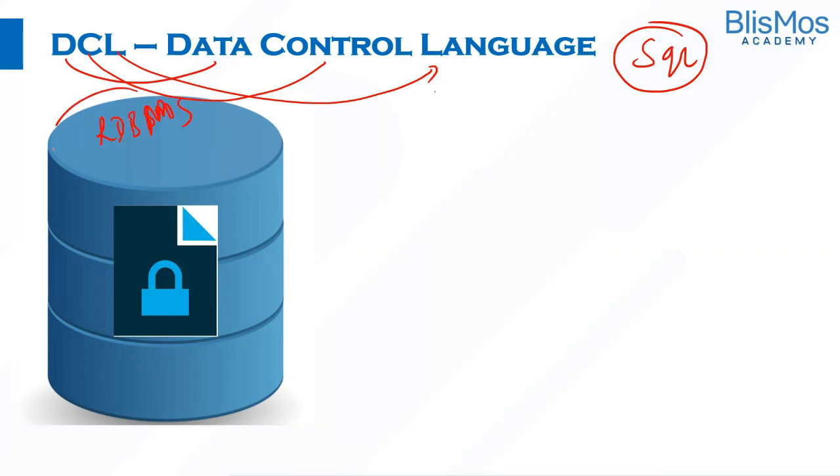In the RDBMS, we have databases. In a database, we have tables. Now, if I ask you a question: if we have a database in any organization, does everybody need access to all the databases and all the tables?